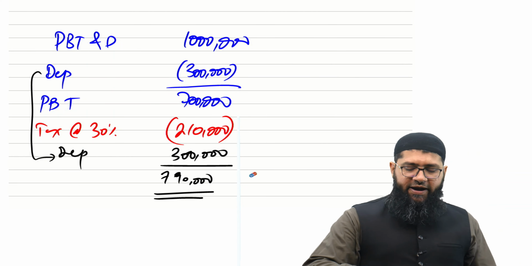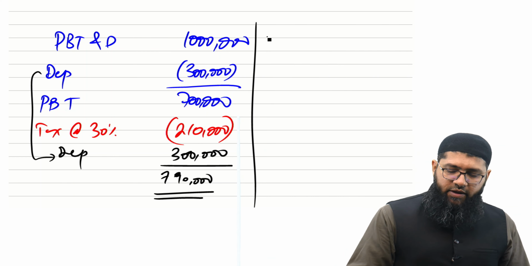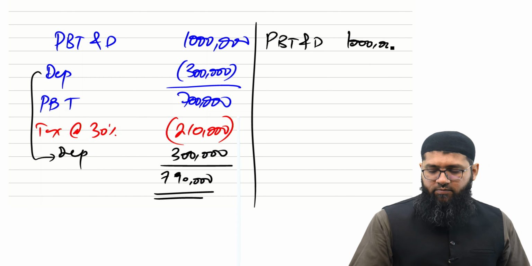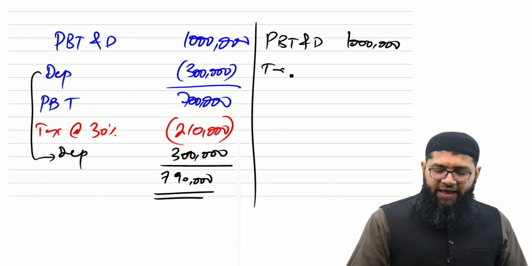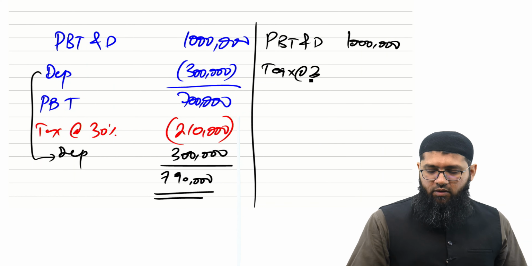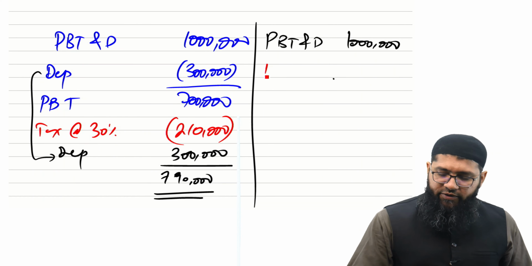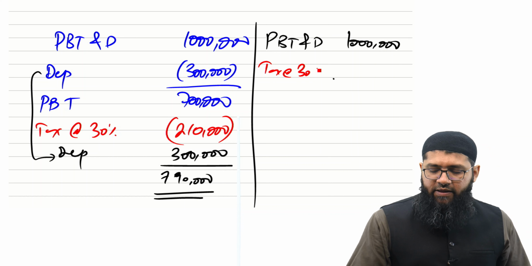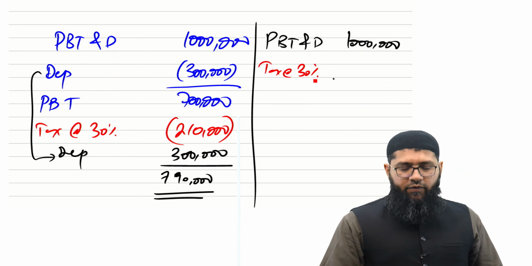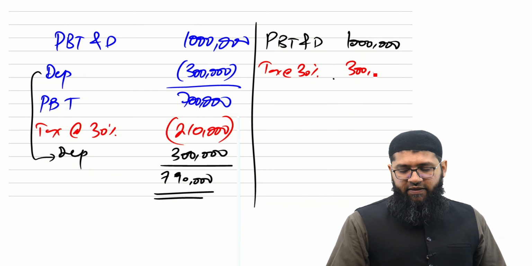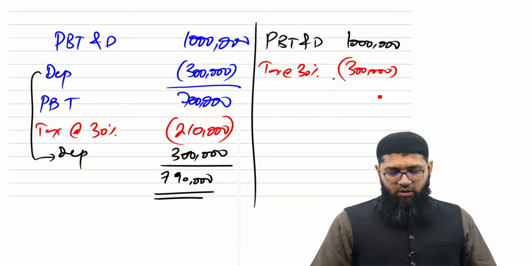Now there is an alternate way of doing it. You have profit before tax and depreciation of 1 million. You directly apply tax on it at the rate of 30%, so it's going to be 300,000 directly.